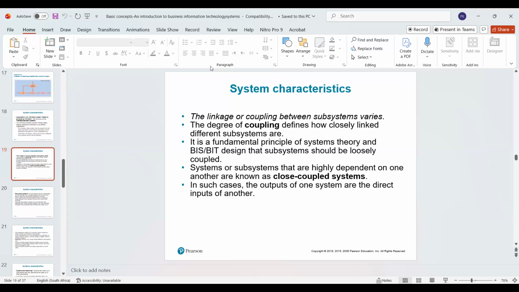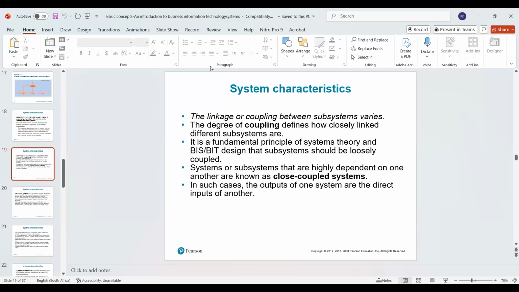System B can only be effective when system A has completed its tasks. So in such close coupled systems, one system depends on the other to function. I hope you are getting it. Yes, sir. So if system A has not completed its tasks, system B can never work.